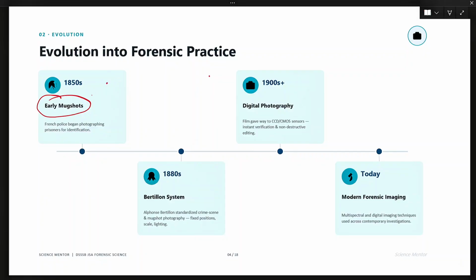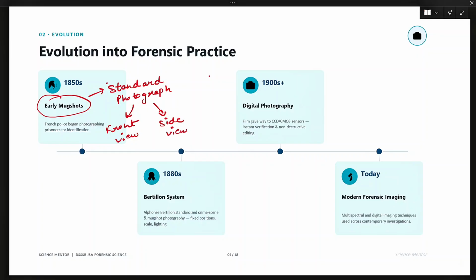So let me write: it is a standard photograph, front view and the side view.